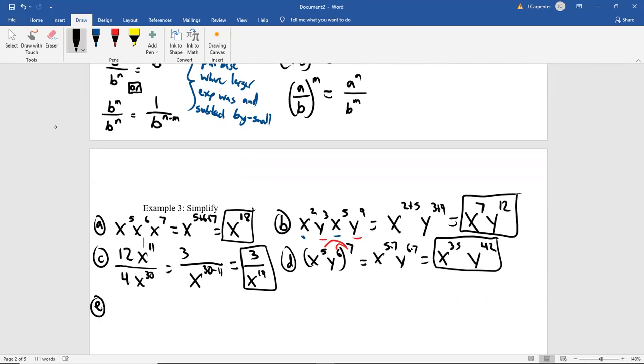Let's do an E. Go with 3x over y to the 3rd, all raised to the 2nd power.